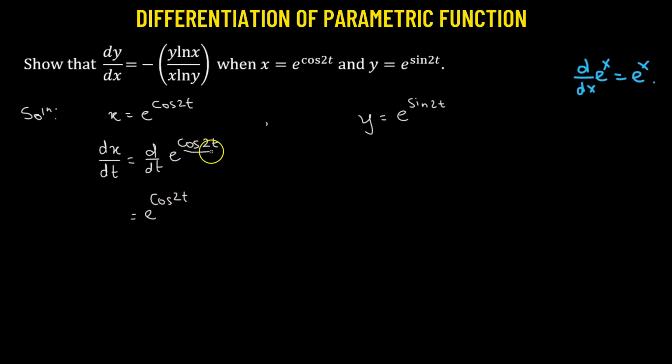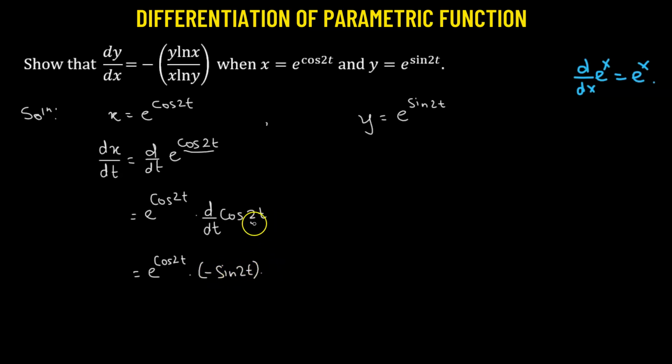But here we have cosine of 2t instead of t, so we will have to use the chain rule and multiply by the derivative with respect to t of cosine of 2t. So that's going to give us e raised to the power of cosine of 2t multiplied by the derivative of the cosine function, which is negative sine function. Since we have 2t here, this will be negative sine 2t.